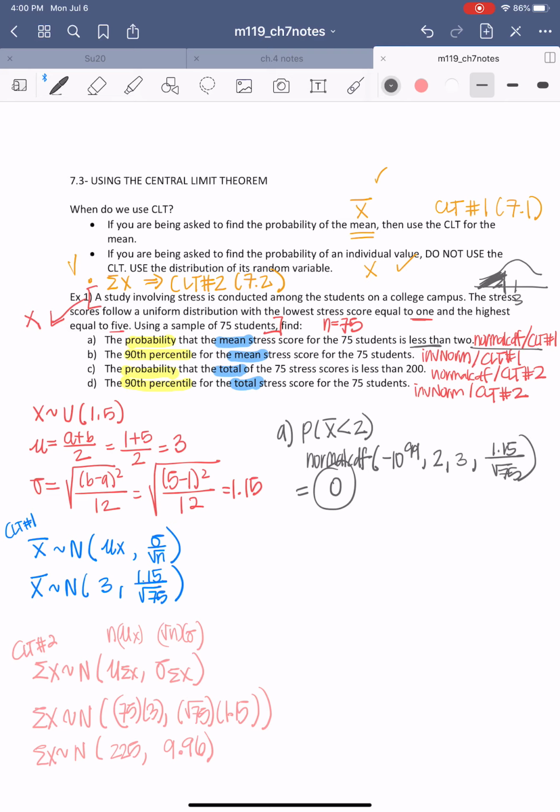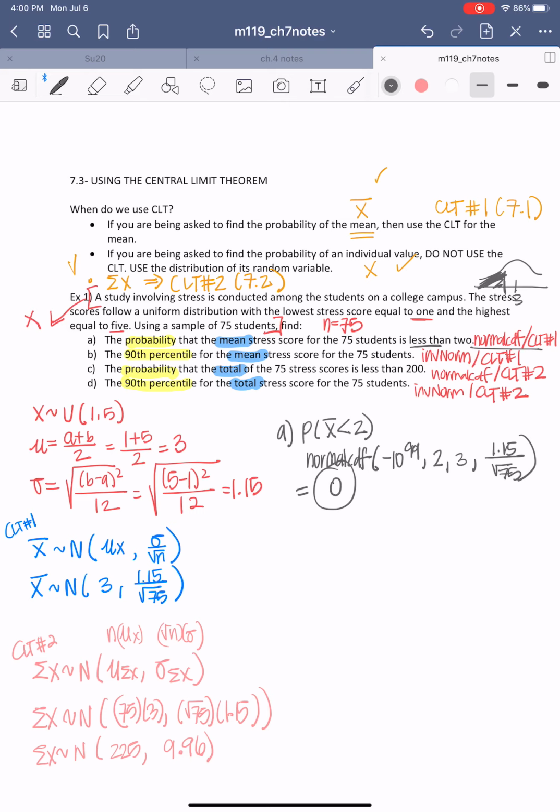You know that not everyone will always have a score of 1. Some people might have a higher score, some might have 3, some might have 4, some 5. So if you average all those numbers, it will not be less than 2, unless all the data values are equal to 1. So that's why it makes sense to have 0%.